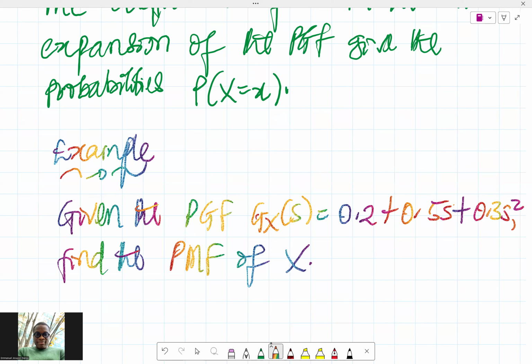Let's see how this works. We are going to extract the coefficients of s, and that is what we have to do now.